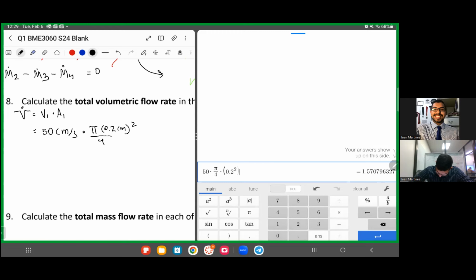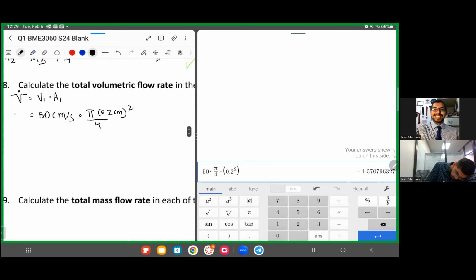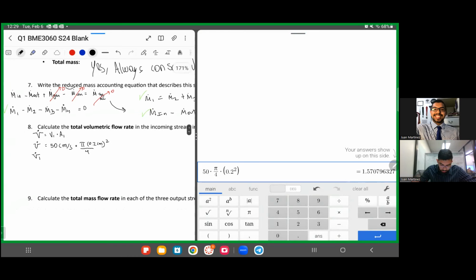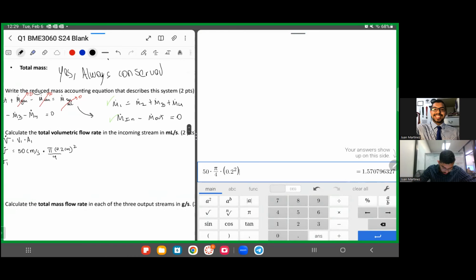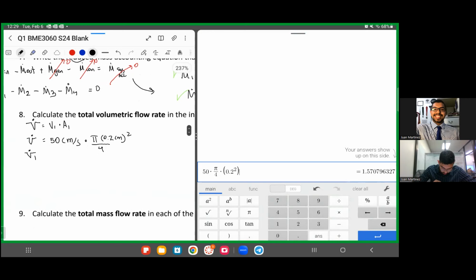And we close parentheses, and the answer is, for the volumetric flow rate 1, well, the total volumetric flow rate incoming to the stream, so that's gonna be equal to 1.57. Usually having two decimals is a good practice.